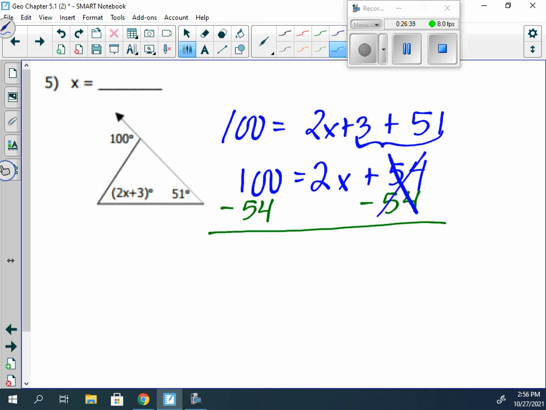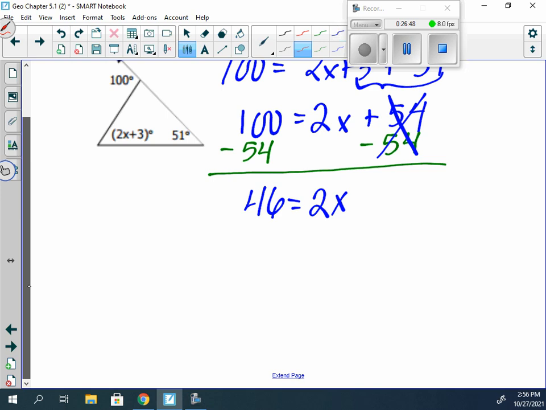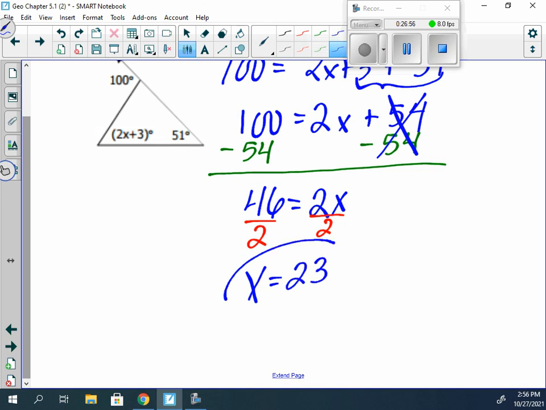These would cancel, leaving us with... And then we would divide by 2. Exactly, x is equal to... And that's it. Questions on this here?